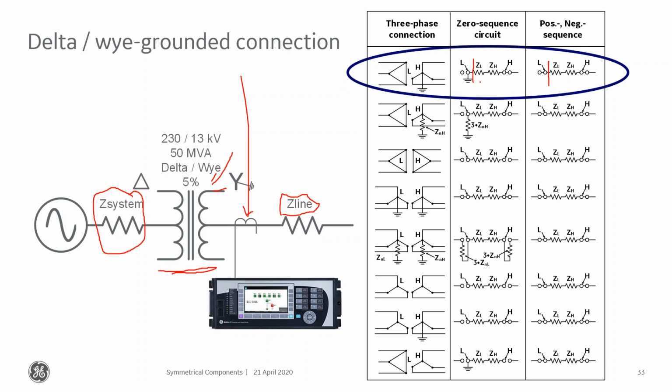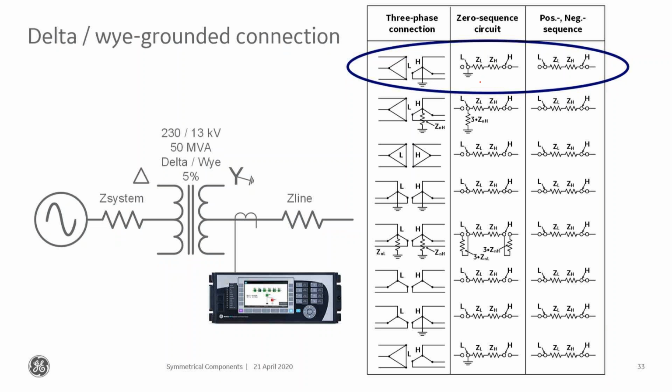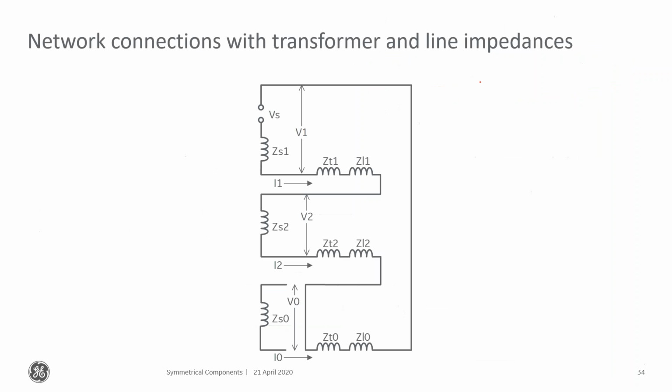Let's look at what that looks like when I interconnect the two power systems. Since that transformer has a ground source, it can provide ground fault current, since it's got the center, the Y point, grounded. So it can be a ground source.